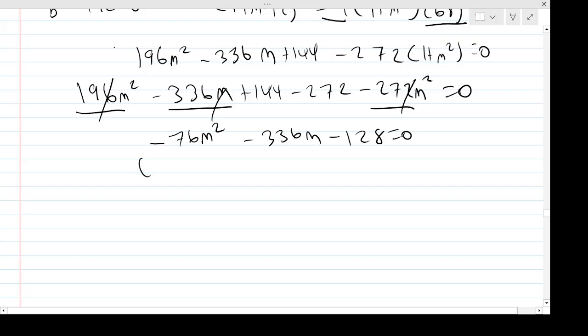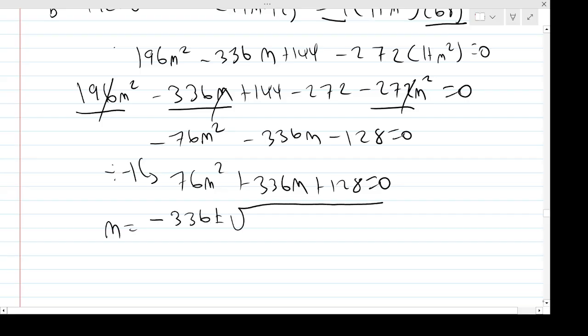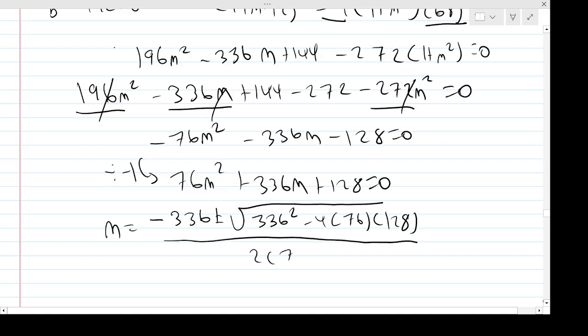Everything's negative, so I will flip all the signs by dividing both sides by minus 1 to get 76m squared plus 336m plus 128 equal to 0. Then, if you use the formula, we get m is minus 336 plus or minus the square root of 336 squared, take away 4 times 76 times 128, all over 2 times 76.